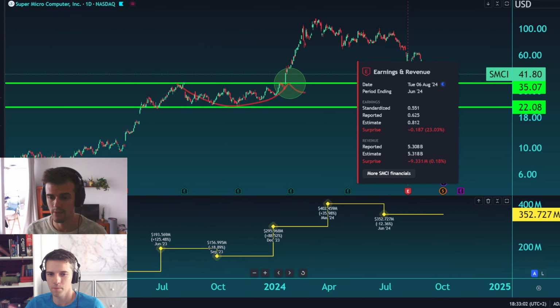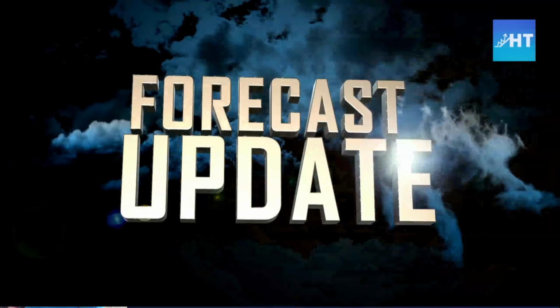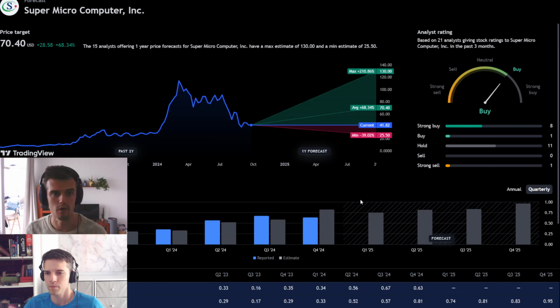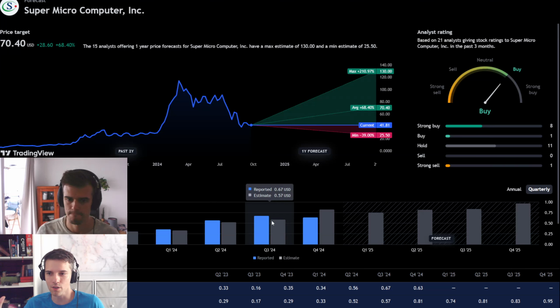And from the fundamental side, we also have a very interesting forecast section for this stock. We have 15 analysts, fewer than for other stocks, but I think more than enough to see the perspective of the Wall Street analysts. Look at that. We have an EPS estimate, earnings per share, of 0.74. The last one was 0.63. The problem is that the estimate was way higher than the reported earnings, and that created a huge downtrend in the stock.